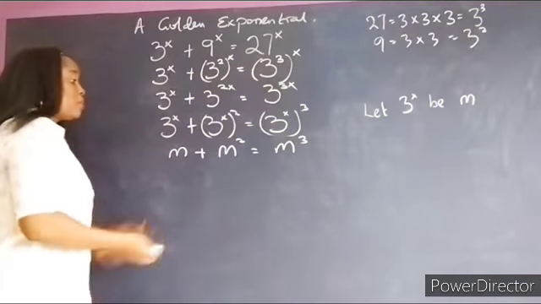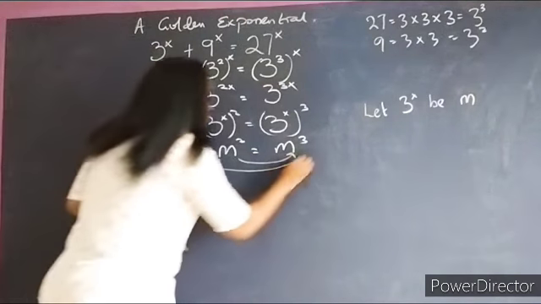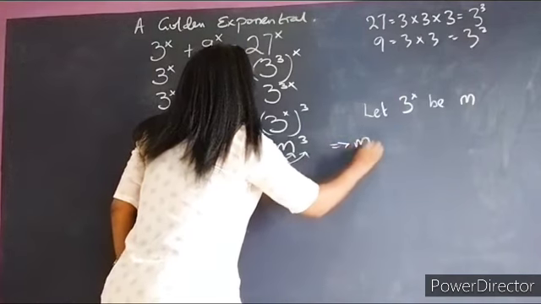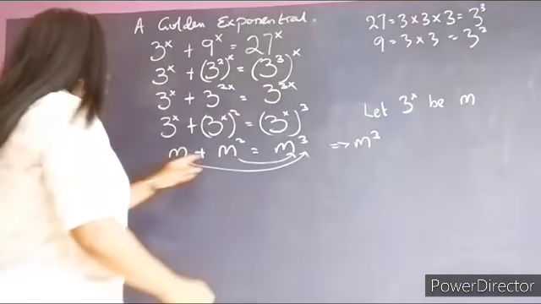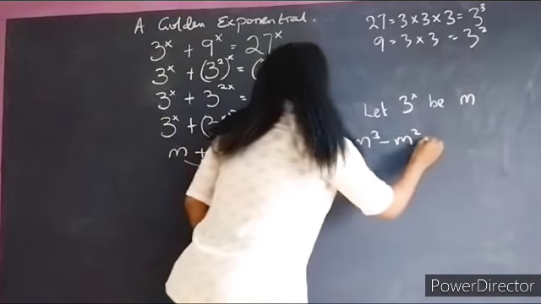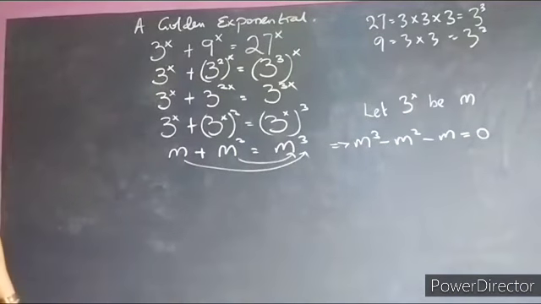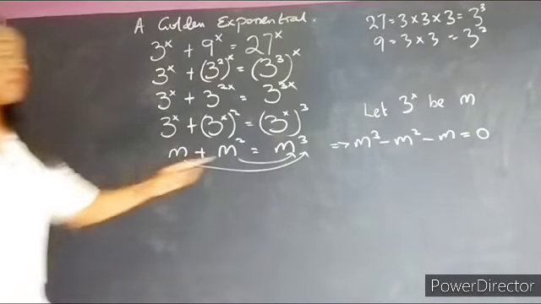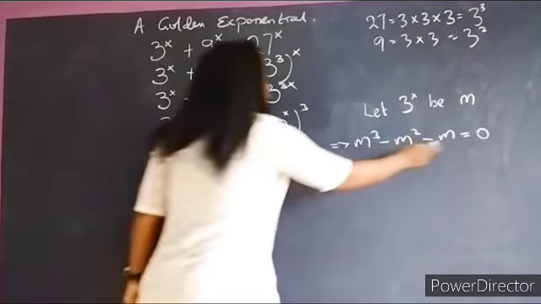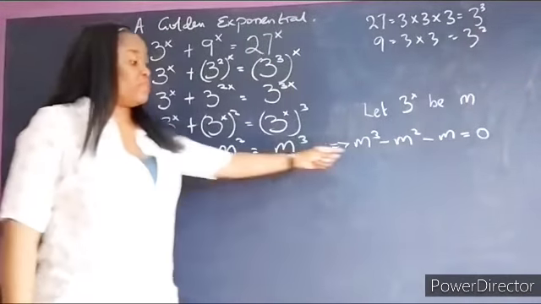Alright? So now we're going to move everything to one side. I'm going to move all this to this side. So it will be m cubed minus m squared minus m will give us 0. So now we're going to find the value of m. A common factor in all these 3 terms is m.